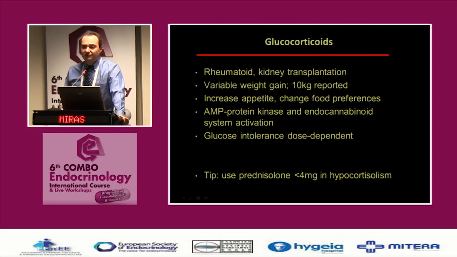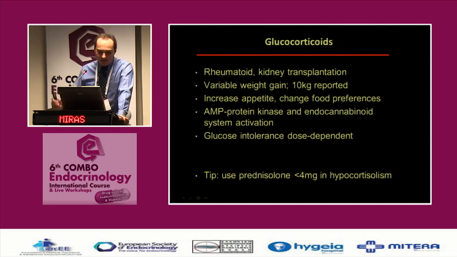There are some suggestions from animal models that AMP kinase and endocannabinoid system activation can contribute to these changes in appetite and eating behavior. The glucose intolerance appears to be dose dependent, and we know obviously about the risk of developing type 2 diabetes in those patients.